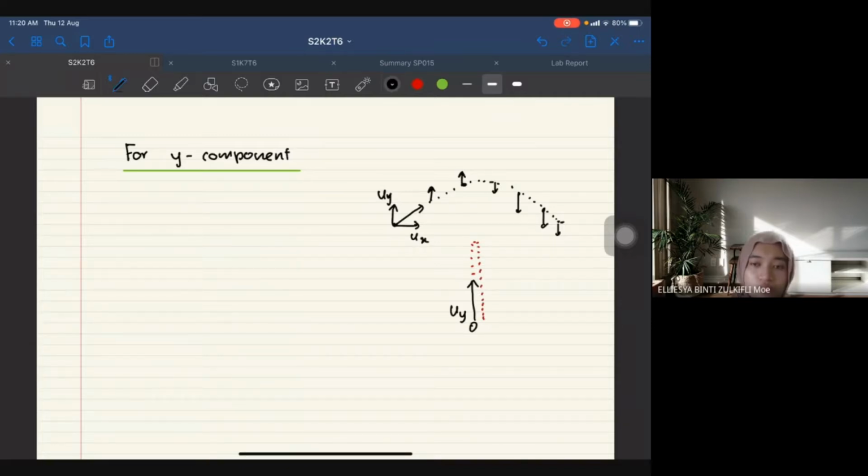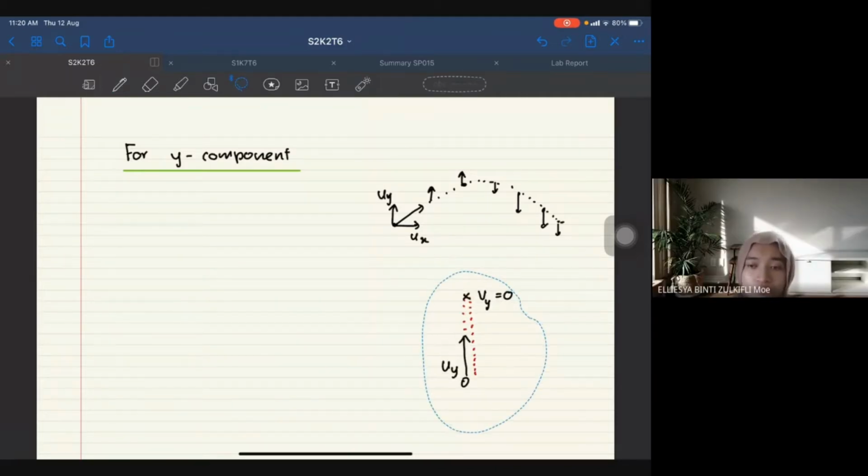Another key thing here is that at the maximum point, your velocity would be equal to 0. This is Vy equals 0. Kenapa dia 0? Kalau kamu baling barang, at one time dia akan berhenti sekejap before dia jatuh balik. Agree or not? Agree. Itu konsep senang kot.